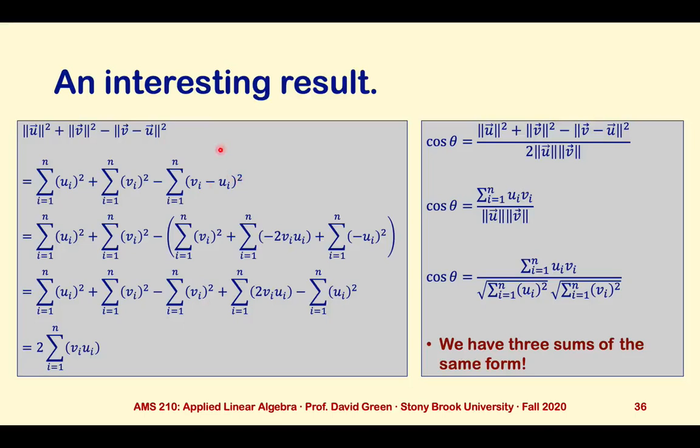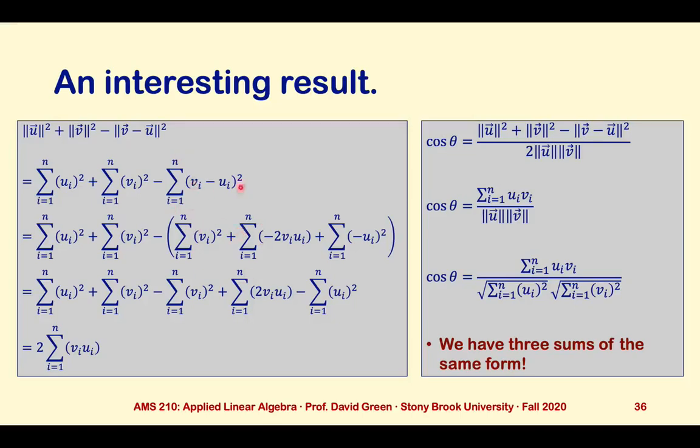Okay. This we can actually expand. What is vi minus ui squared? It's vi squared minus 2vi times ui plus ui squared, right? Which we can expand here, splitting each of those terms into individual sums.